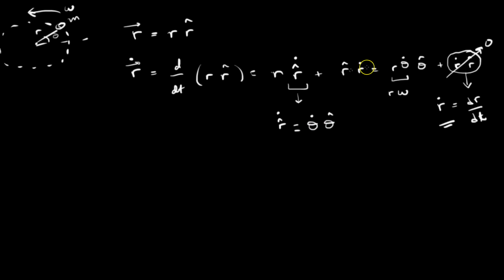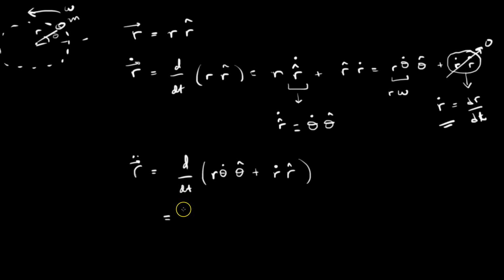Okay, so that's our velocity, and one more time, we're going to have our acceleration. So this is going to be the derivative of r theta dot in the theta direction plus r dot in the r hat, right? This r dot is very important. So this is going to be a chain rule again.